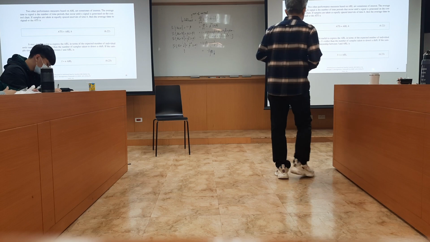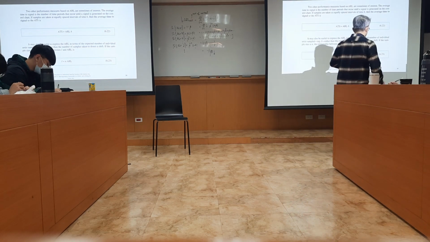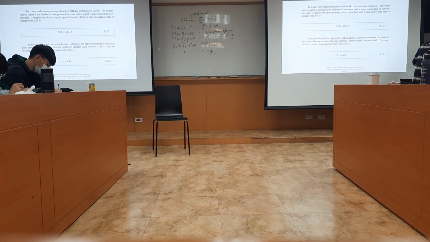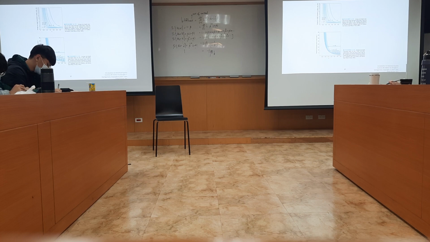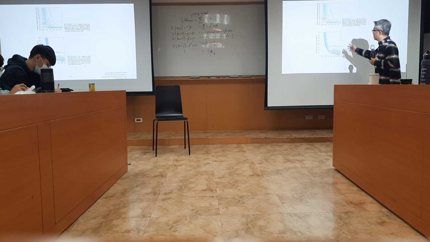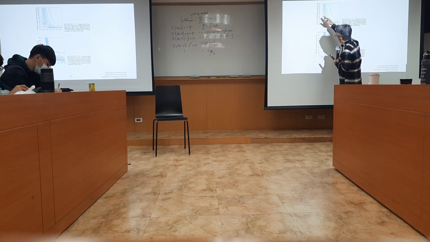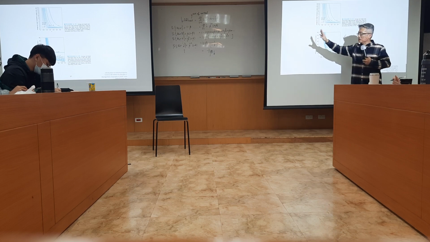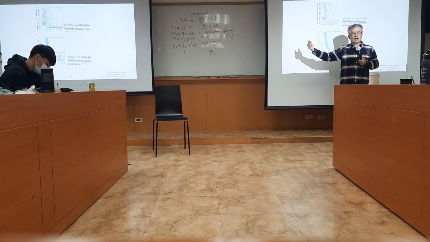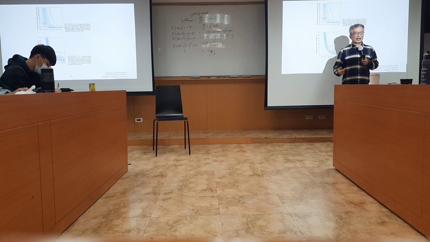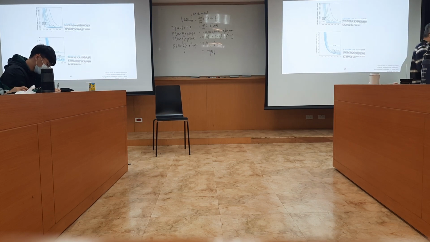This is equation 6.23. Okay, this is the graph, so you don't have to calculate it. You can use this to get the average run length. However, it's not that useful, so the hand calculation is quite convenient.